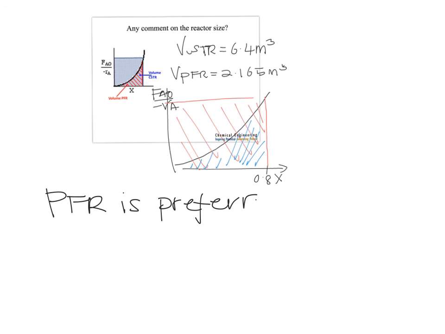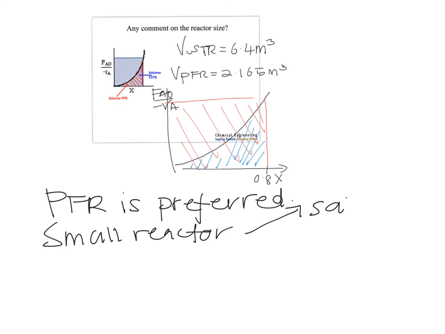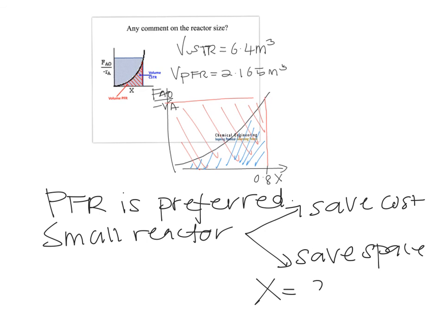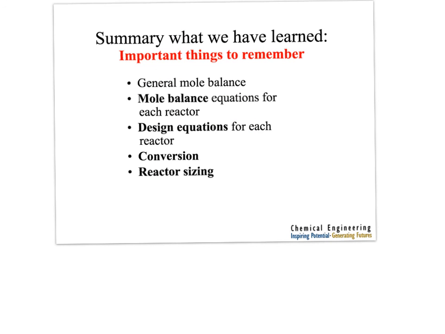It is preferred because a smaller reactor can save cost, which is desirable, and at the same time it also saves space, but it can still achieve the same conversion of X equals 80%. Okay, so I hope by now you are able to calculate the volume of CSTR and also PFR using the Levenspiel plot for a single reactor.